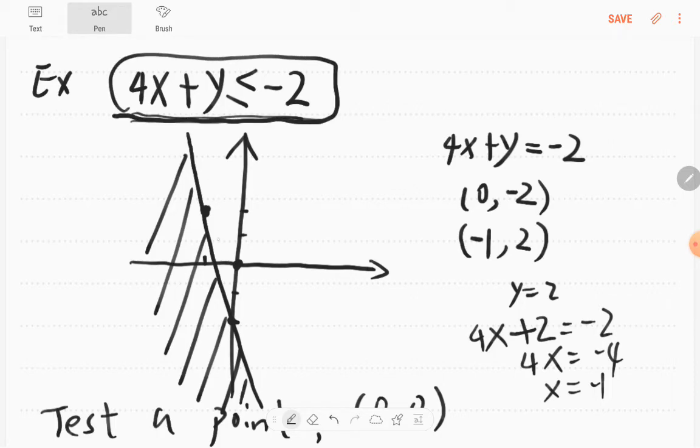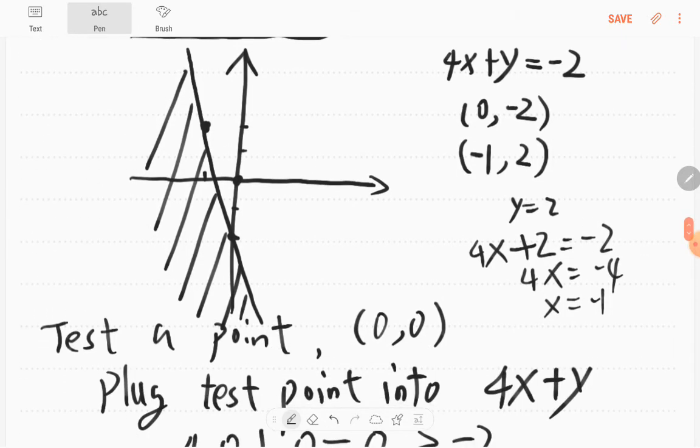So what about the boundary? Should the boundary be a dashed line or a solid line? The dashed line means the boundary is not included. The solid line means the boundary is included. So here, since we have less than or equal to, this boundary should be included. So this is the region for the solution.